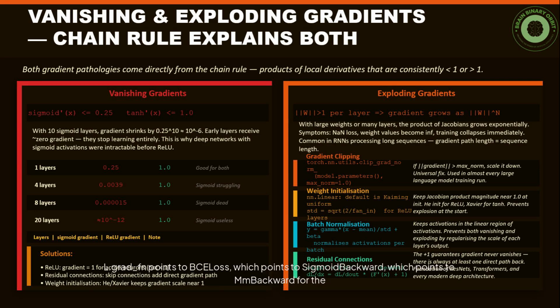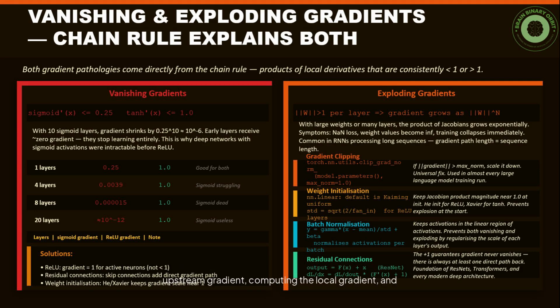L's grad_fn points to BCE loss, which points to sigmoid backward, which points to backward for the W2 times A1 operation, and so on. When you call L.backward(), PyTorch walks this graph in reverse topological order, calling each grad_fn with the upstream gradient, computing the local gradient, and accumulating the result into the leaf tensor's grad attribute.